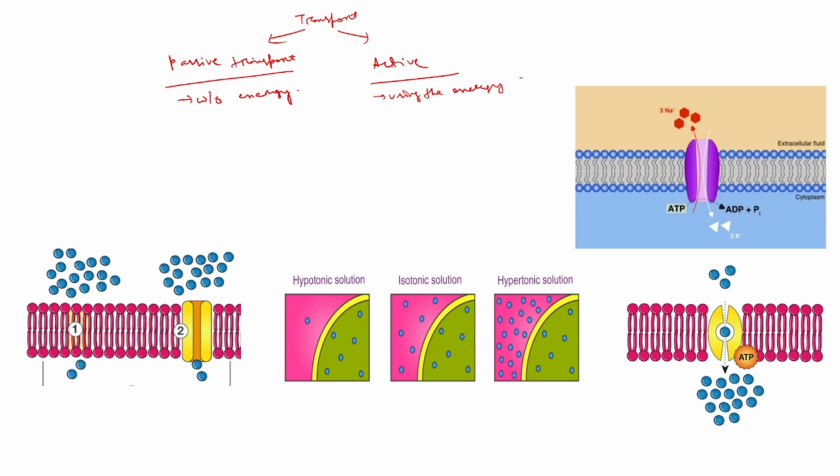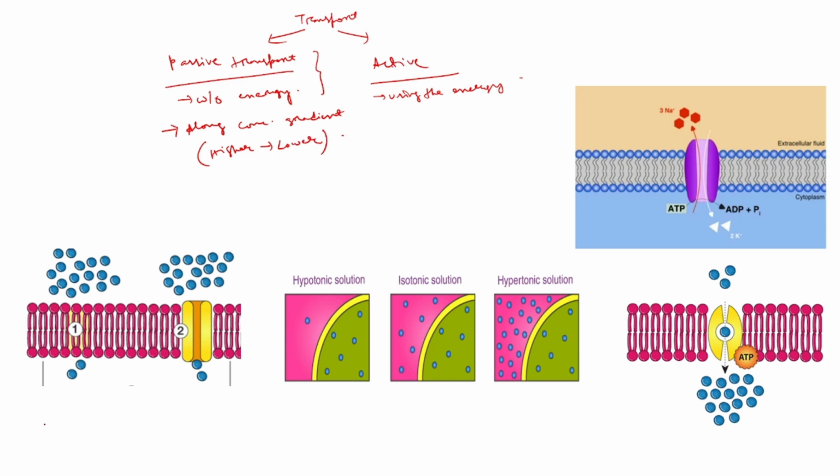Now come to passive transport. Passive transport means the molecule transports along the concentration gradient. What is along the concentration gradient? That means from the higher concentration to lower concentration.